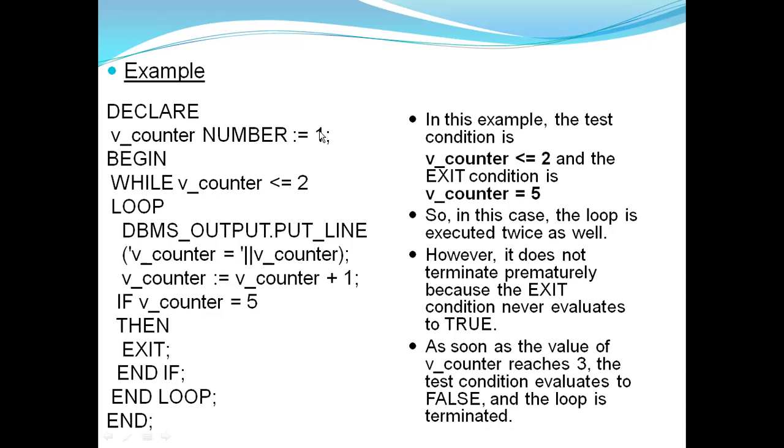Because the current value is 1, less than equal to 2. So loop, v_counter, and here we say v_counter, sorry, plus 1. So we keep on incrementing. And here I'm using, if v_counter equal to 5, then exit. So I say the end. Now in this thing, we have a while loop as well as exit. Now in this case, what will happen?